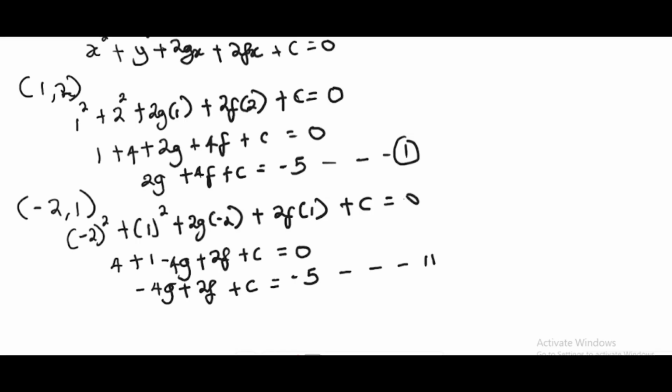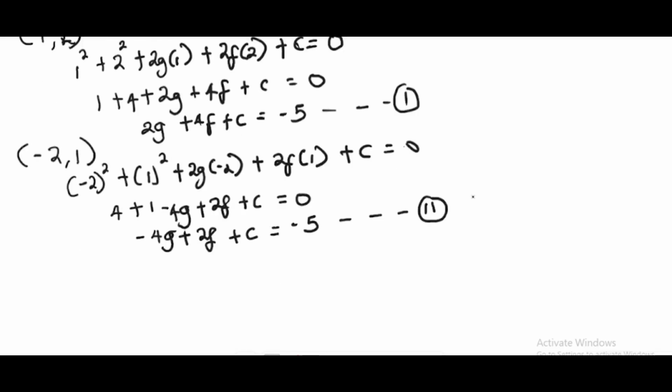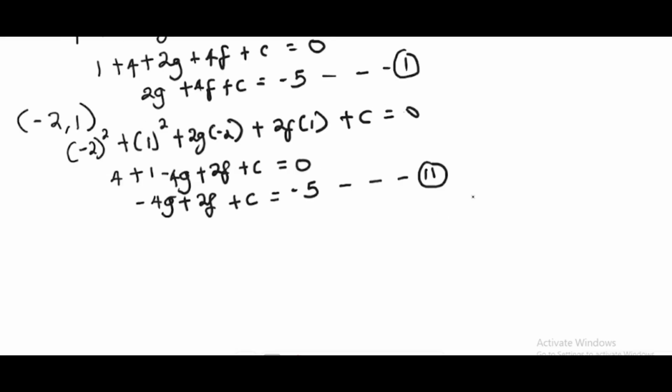So now for the third point we have 3 comma 4. So let me write out the points so that I'll be seeing my x and y coordinates as I substitute.